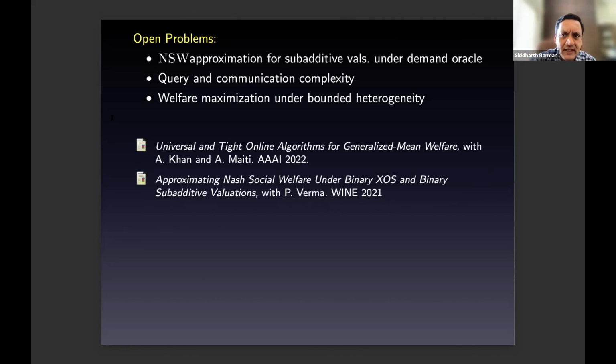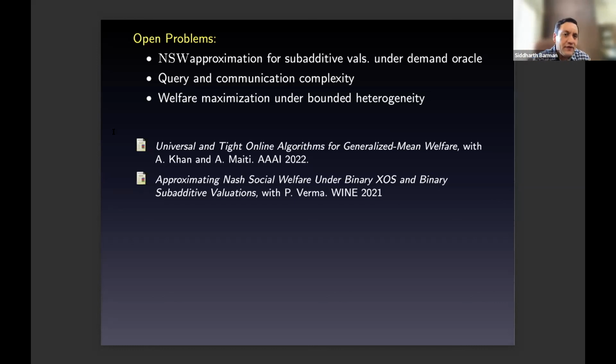Yeah, many interesting problems. I'll in fact point you to the survey on the next slides that has many more nice questions in this space. But the one that I like is this one that I told you, that for identical valuations, you can get a constant factor approximation guarantee even for subadditive valuations in the demand oracle case. Can you extend that? So can you look at fair division instances where there's a fixed number of distinct valuations?